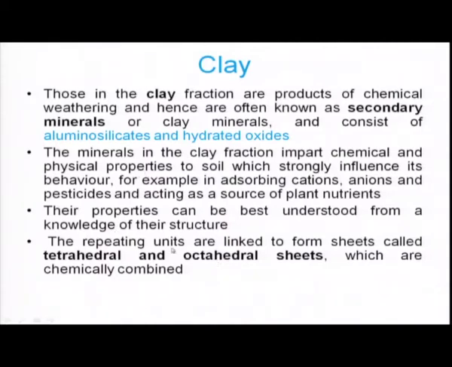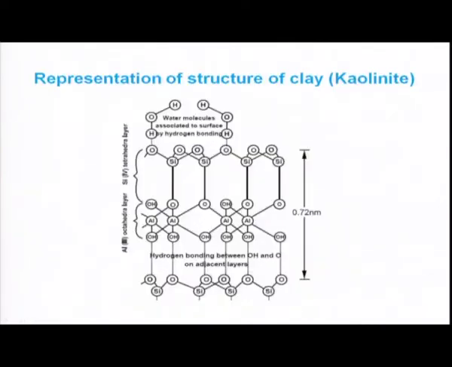The repeating units are linked to form sheets called tetrahedral and octahedral sheets of these minerals, which are chemically combined. So both tetrahedral and octahedral sheets are present in the clay minerals. Just look at this representation of a clay mineral type, a kaolinite type of material.